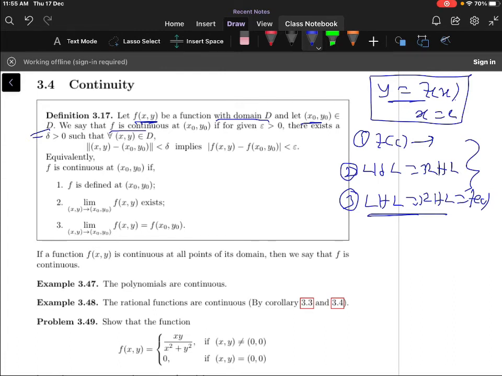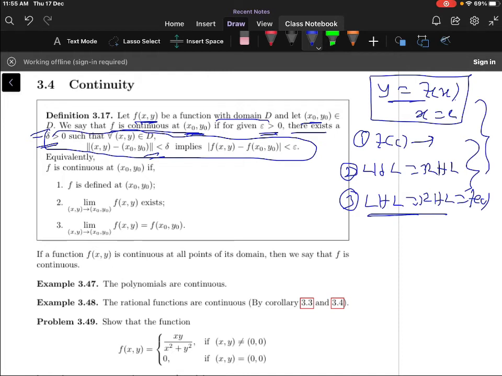We say that f is continuous at the point x naught y naught if for given epsilon there exists a number delta positive such that norm of x y minus x naught y naught less than delta implies modulus of f of x y minus f of x naught y naught less than epsilon. Equivalently, this is the epsilon delta definition, otherwise we could define it as for a single variable.